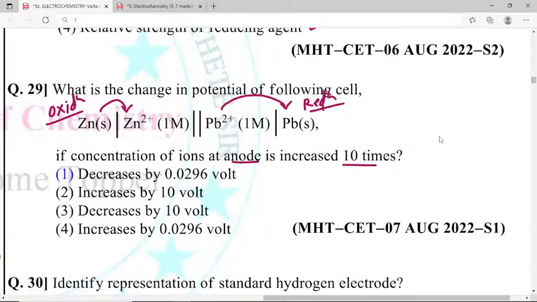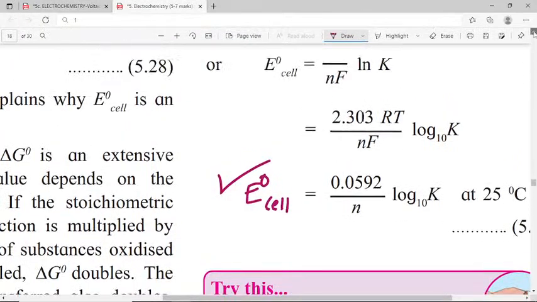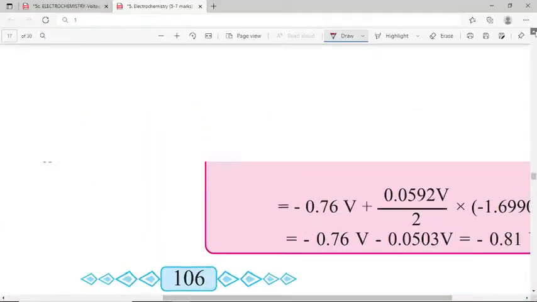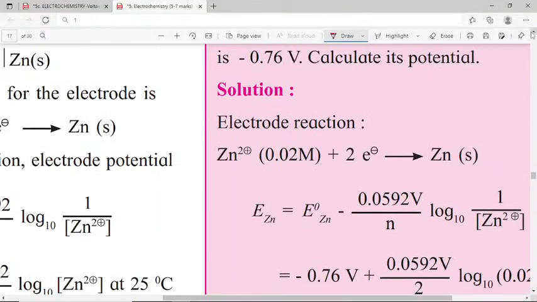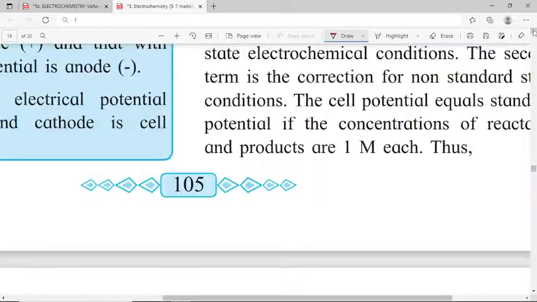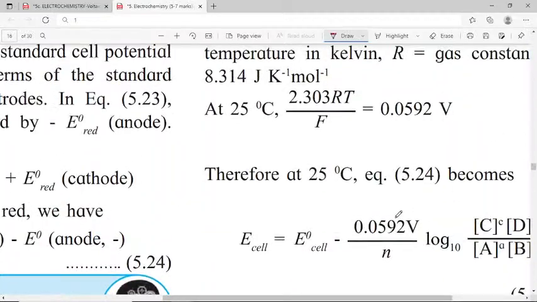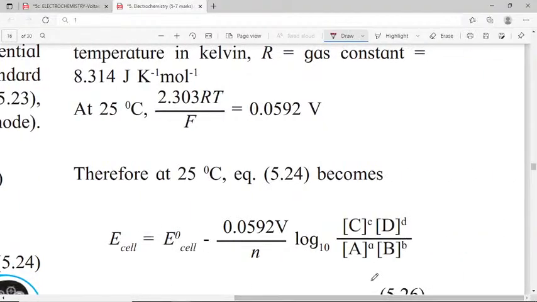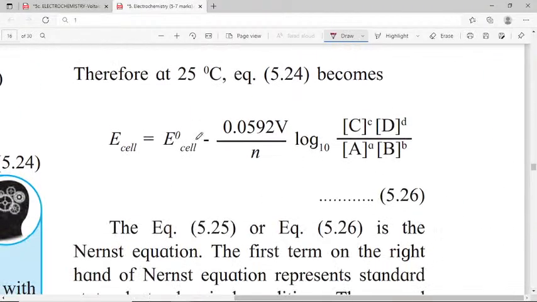So I am using the formula, that is the Nernst equation.